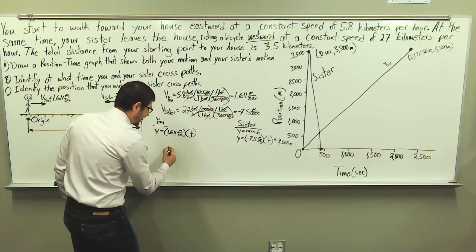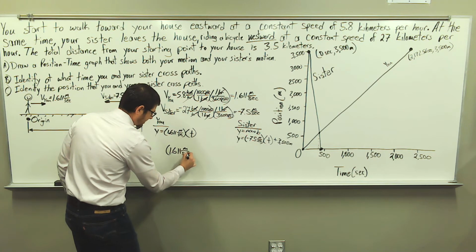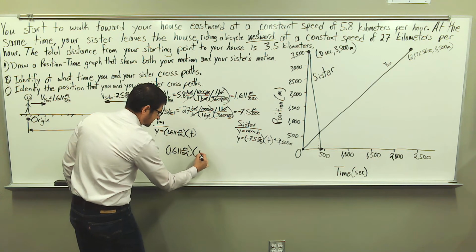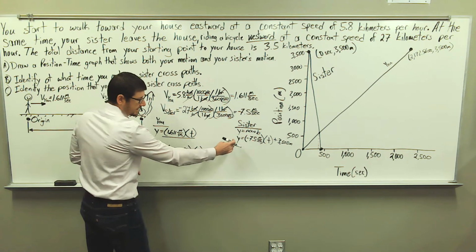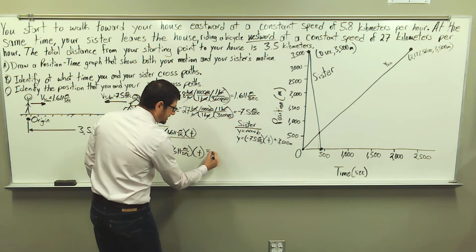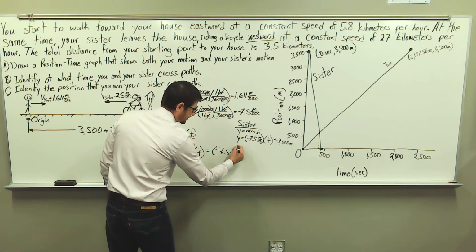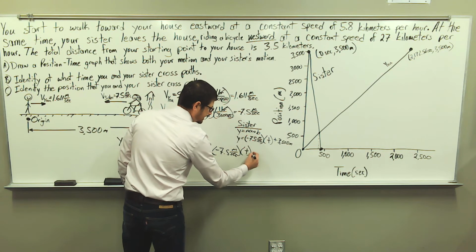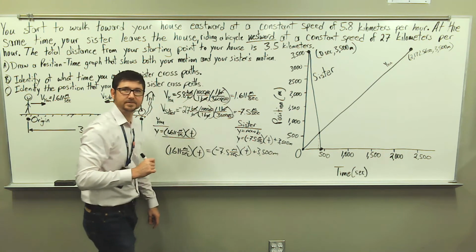So I have 1.611 meters per second times t, and so y equals this. Here's y. We can plug it in right there. This equals negative 7.5 meters per second times t plus 3,500 meters. Okay?